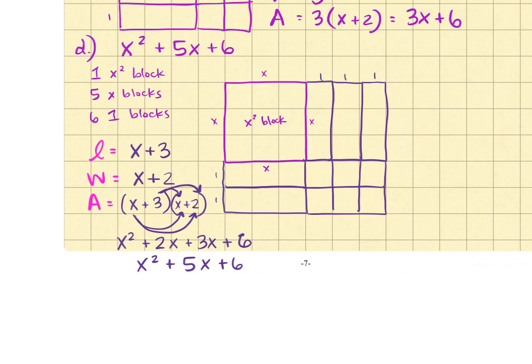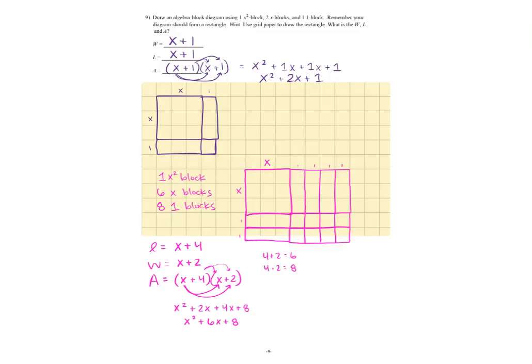And we talked about how this worked because 3 plus 2 adds to 5 and multiplies to 6. And so we could factor x squared plus 5x plus 6 to be x plus 3 times x plus 2.